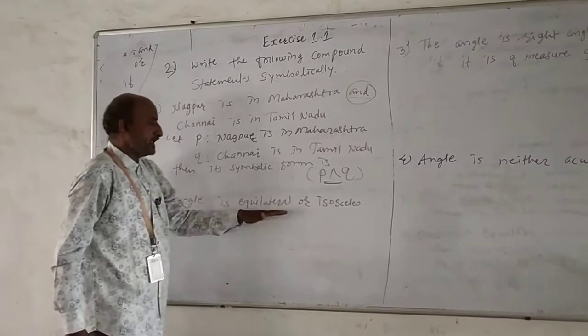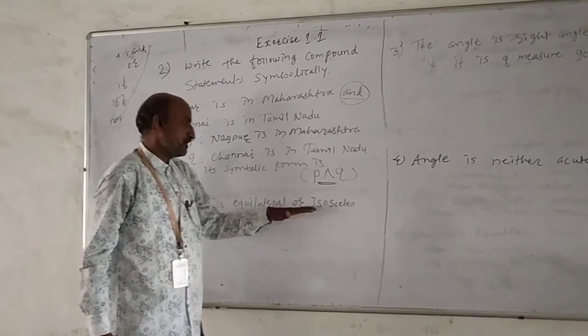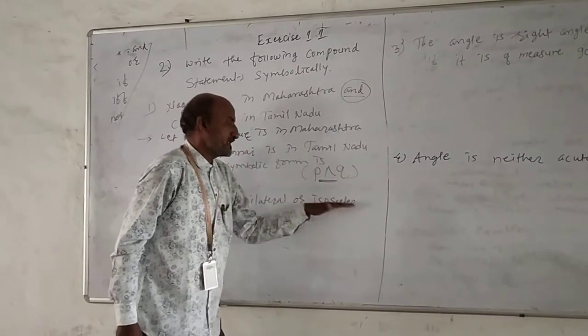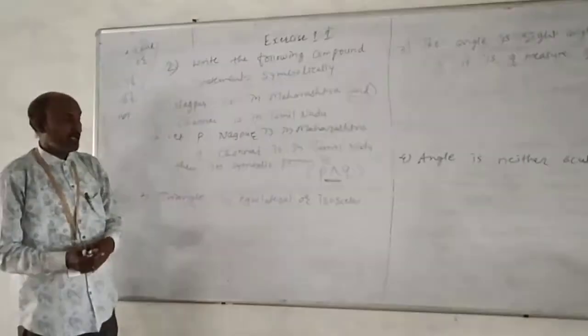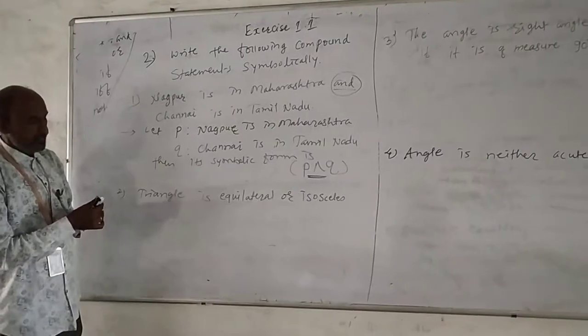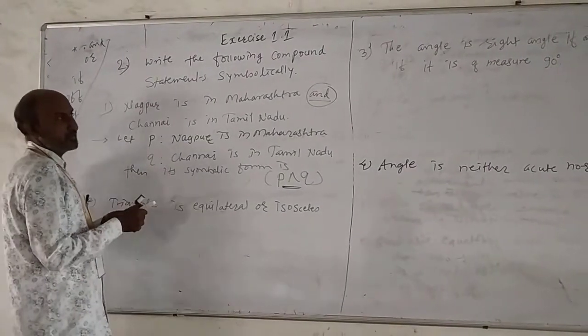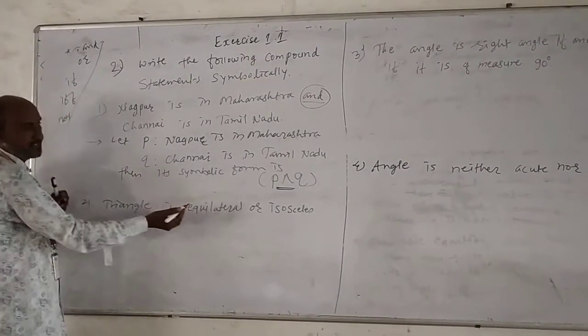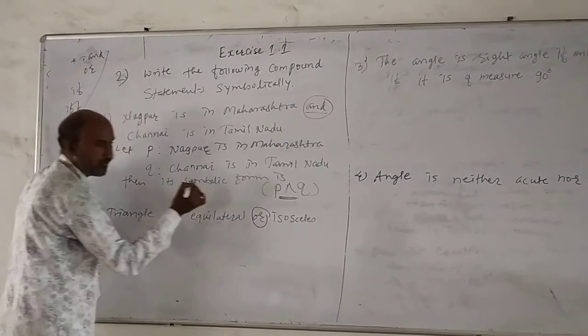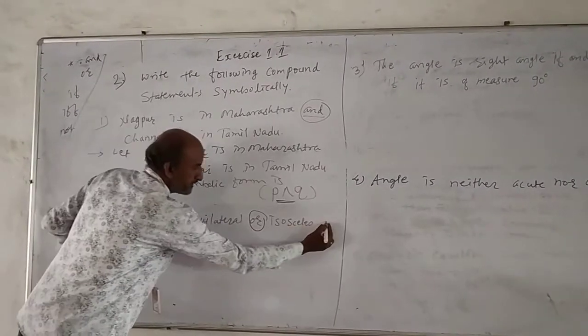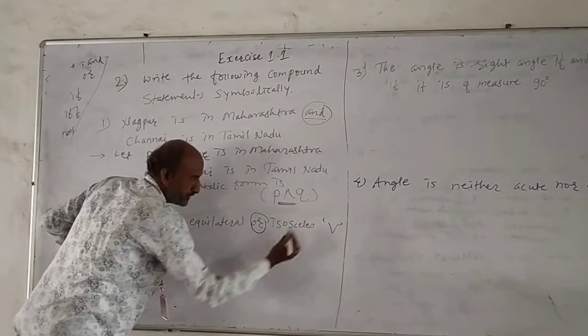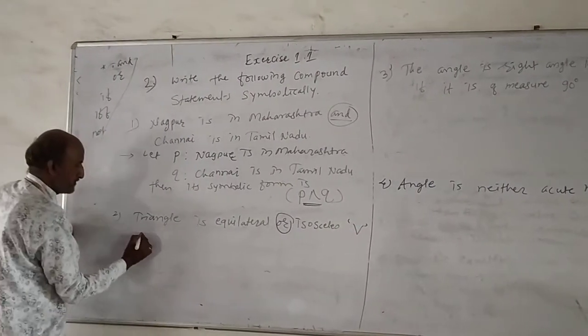Triangle is equilateral or isosceles. See here, this concept is there. Again, same, but only the symbolic form is different. Which connective is used? Or. What is the symbol of or? This V. Then put that here.